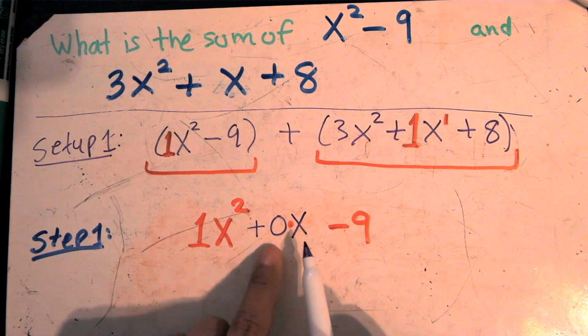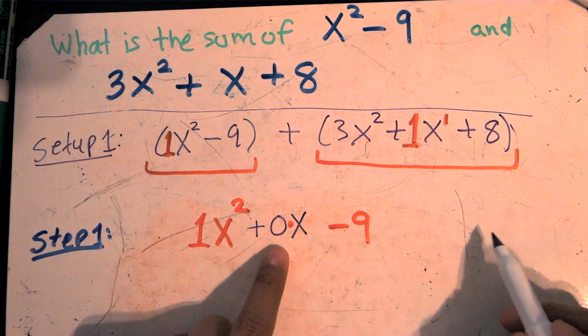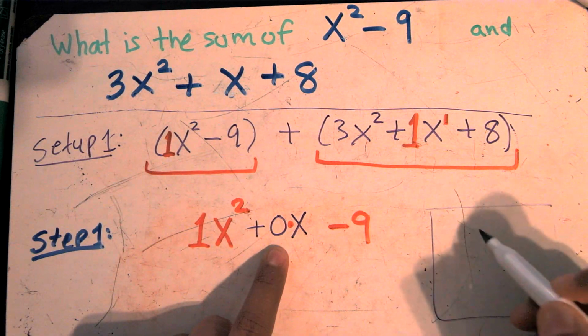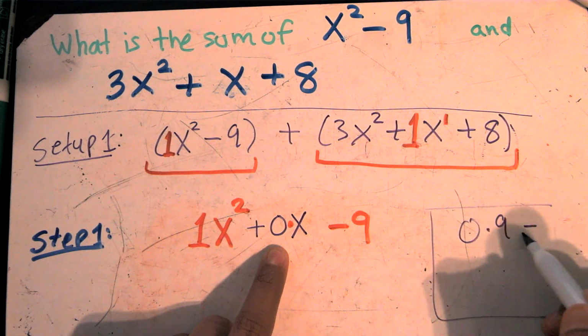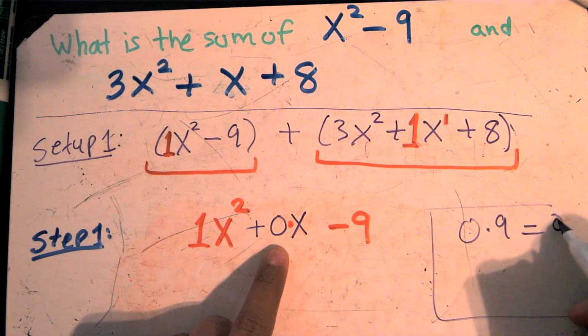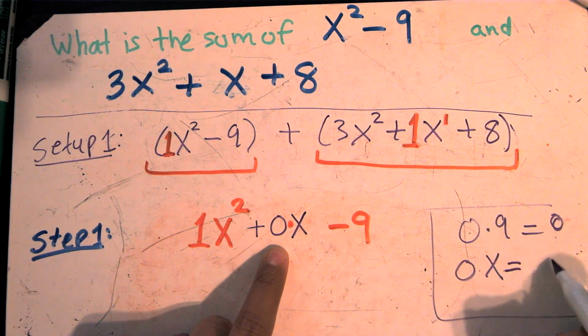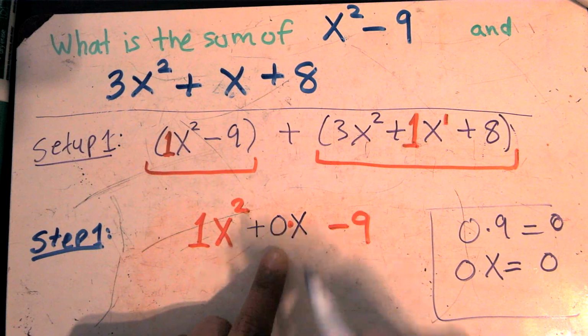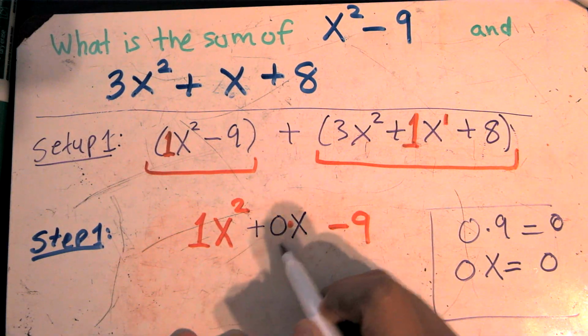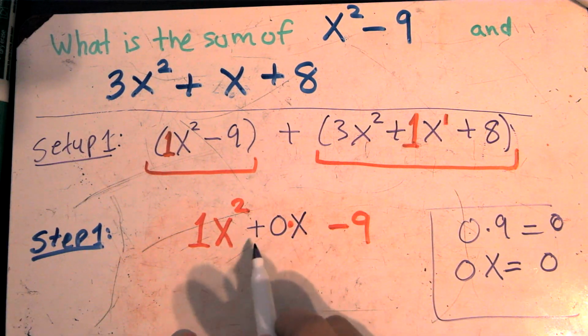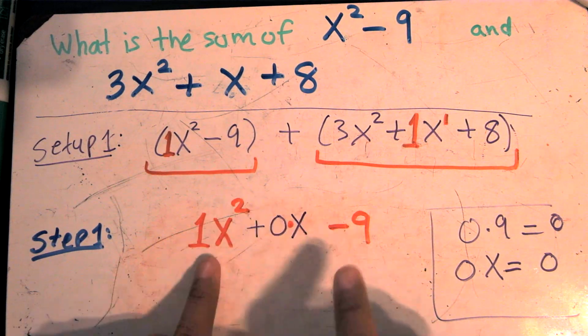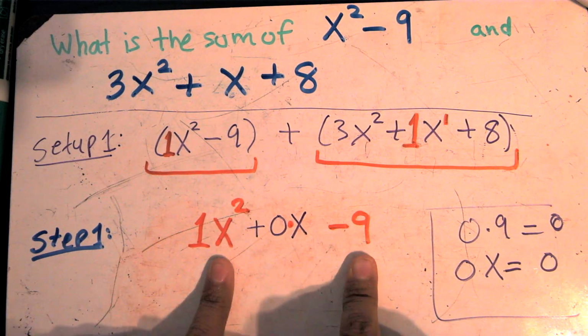And when you multiply 0 times any number, your answer is always going to be 0. Like 0 times 9 is 0. So 0 times the variable is going to equal the number 0. And if we add 0 to any number, it doesn't change the number.